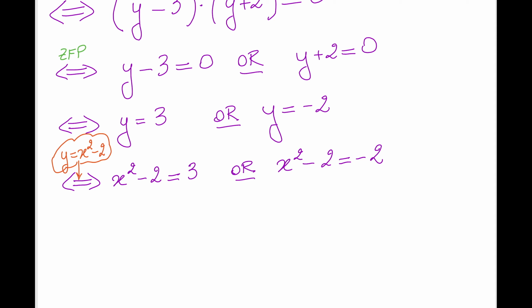All right, let's solve for x. x squared minus 2 equals 3. If you add 2, you get x squared equals 5. And over here, if you add 2, you get x squared equals 0. Correct?